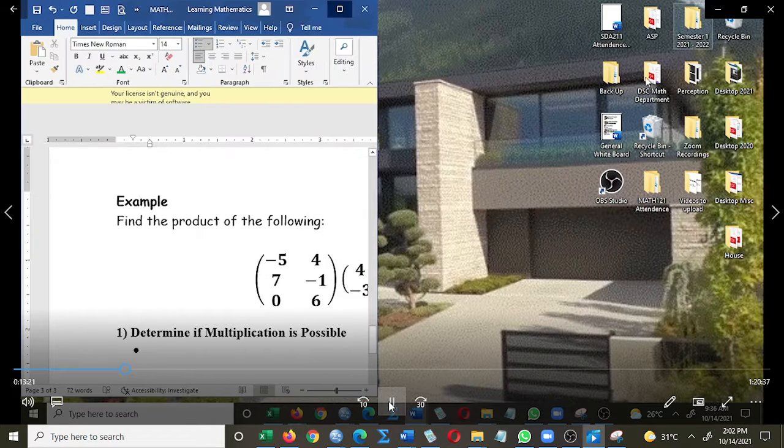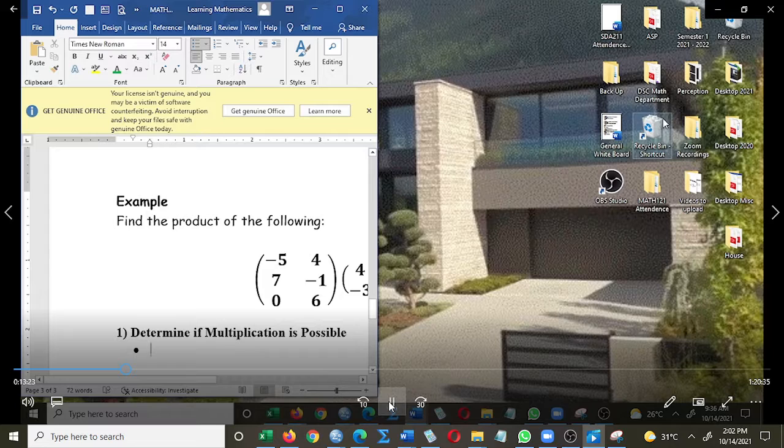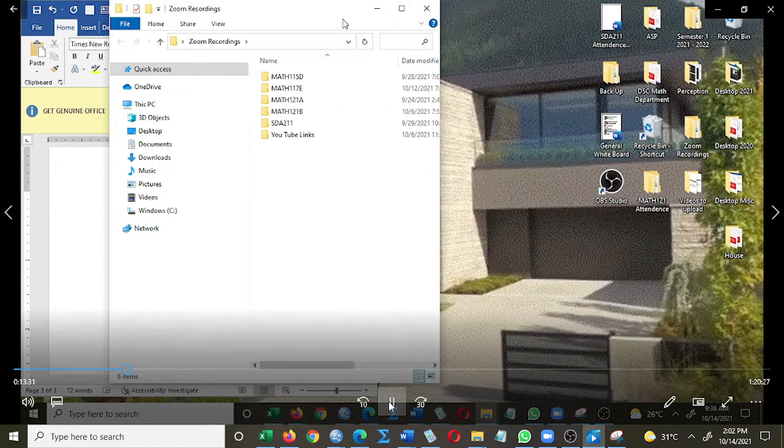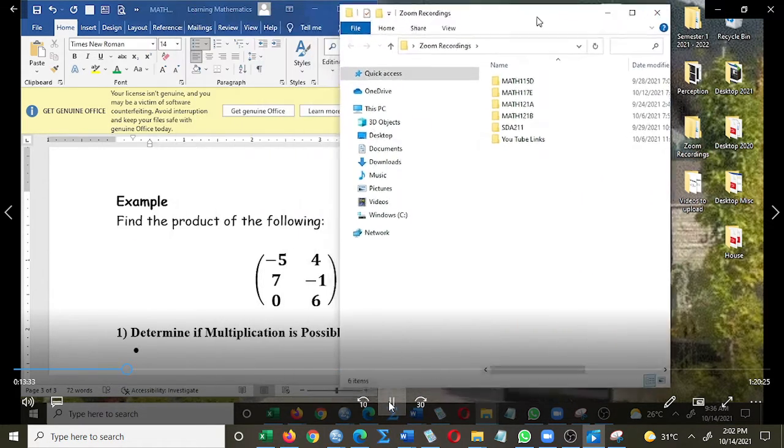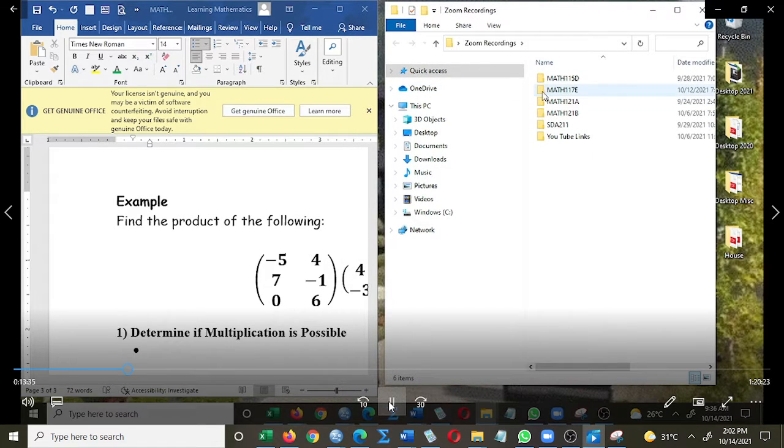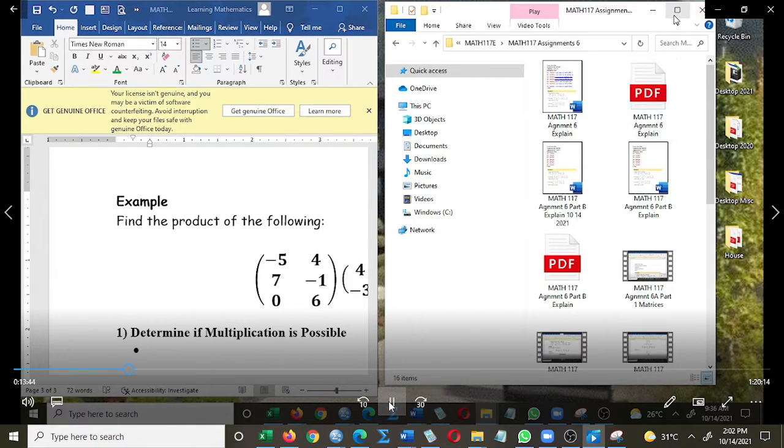I'm going to minimize this and call up what we did last class. I sent it already, so you have it in the group chat. I send in the videos, but I noticed not many people are viewing them, and that is what is really happening.